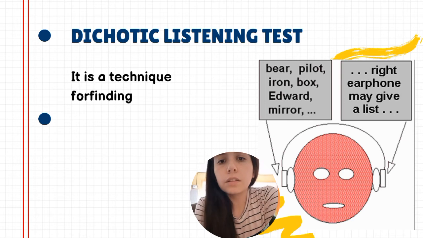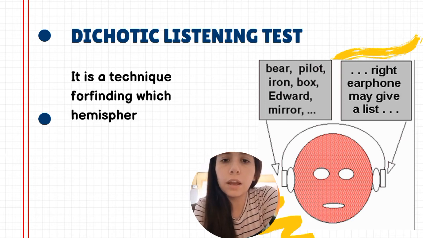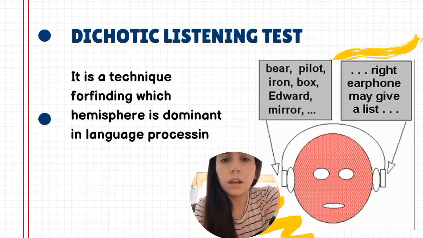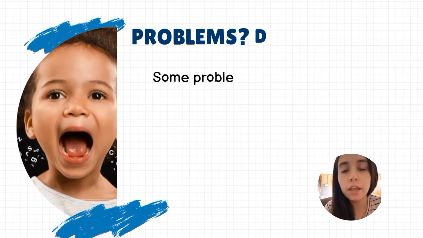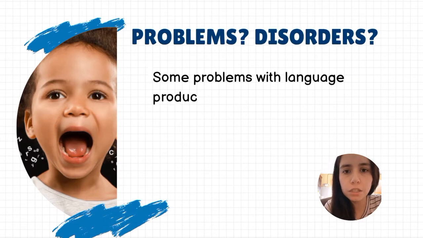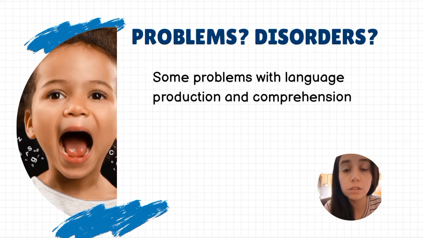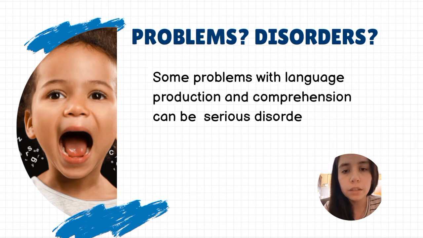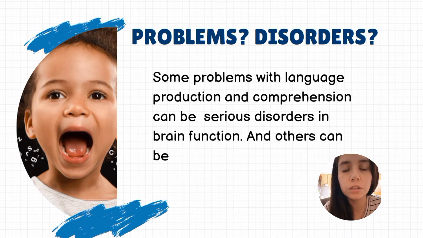This technique is used to analyze brain function and lateralization. Another thing we have to consider related to language are the disorders or problems that occur related to damage in the brain, or simply mistakes that a person can produce.